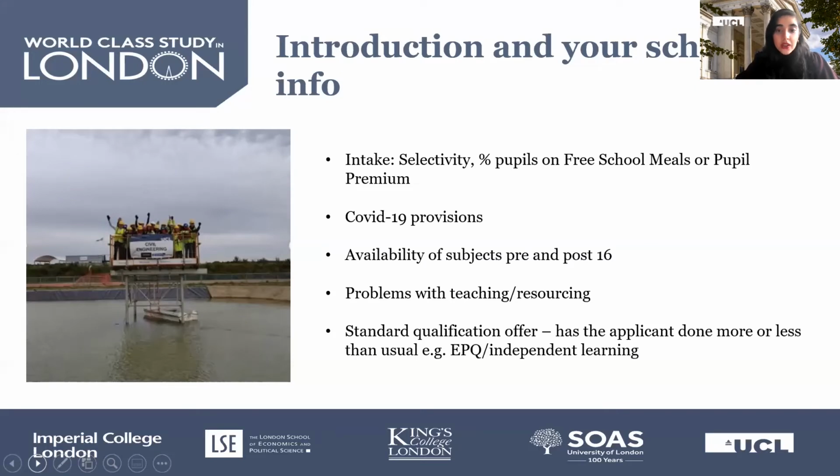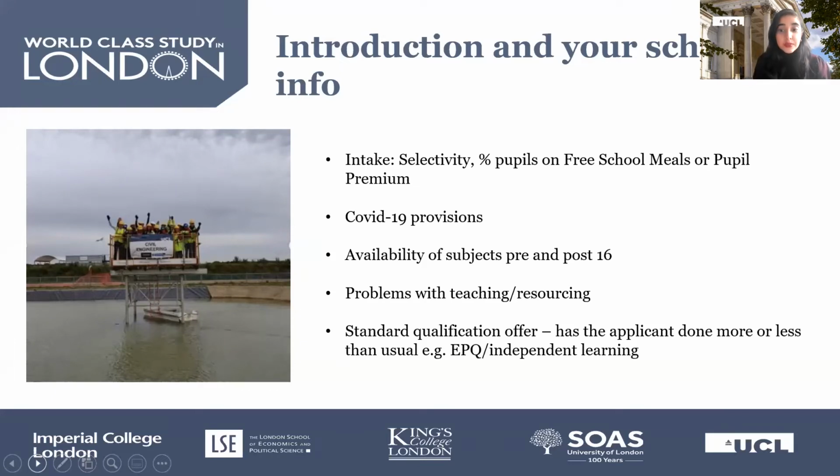We're not going to know how selective the school is and based on what criteria. Is it an academy? Is it a large FE college? What percentage of pupils are on free school meals or pupil premium? When we're reading all of that wonderful information in the reference, understanding who that student is and setting it in the context of the school and the school information is really important.